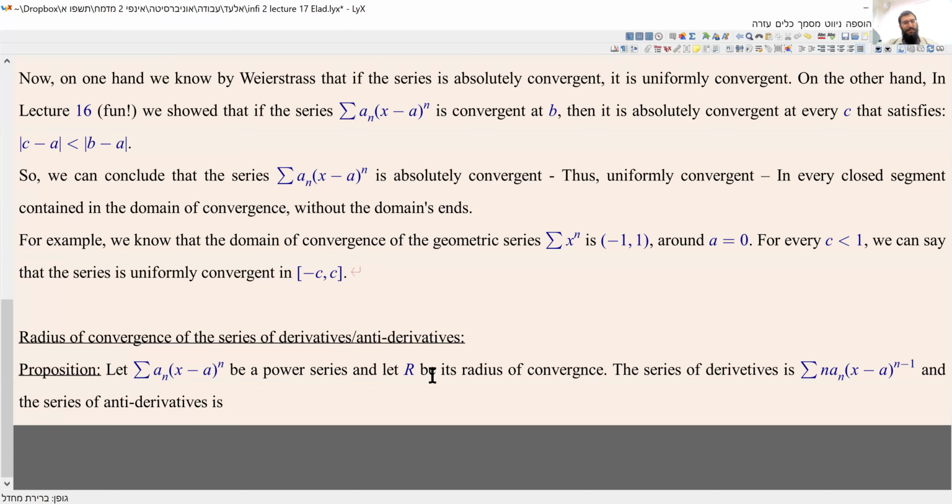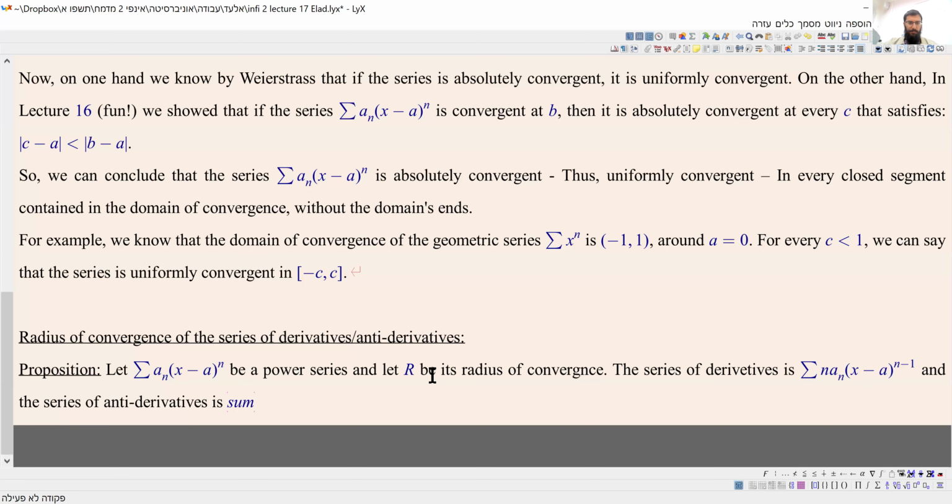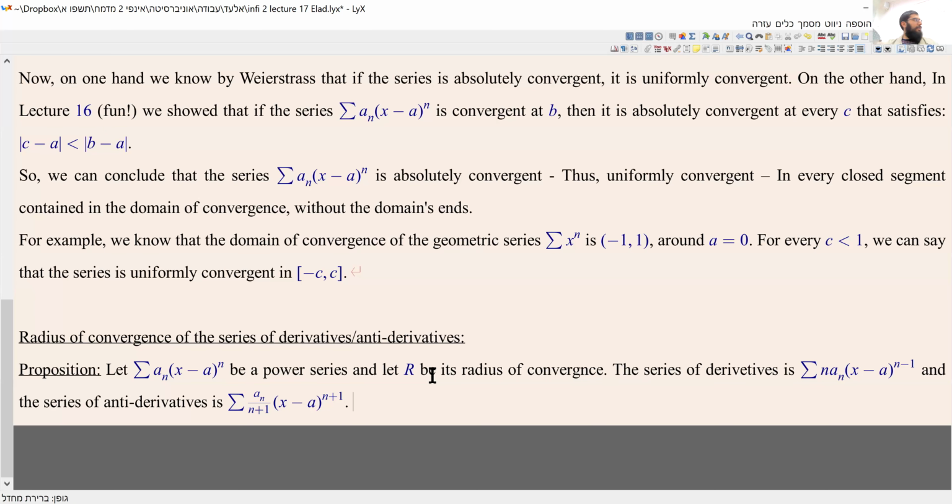Yes. The series of antiderivatives is the sum of a_n divided by n plus 1, times x minus a to the power of n plus 1. We integrate element by element, we differentiate element by element.